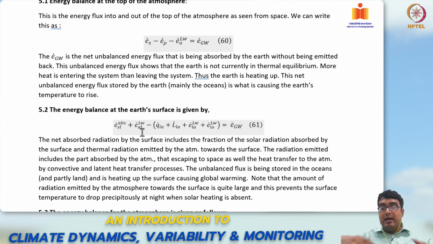These are the two incoming terms, and the outgoing ones are the latent heat transfer from land to air, the convective heat transfer from land to air, the long wave heat transfer from land to atmosphere, and the long wave heat transfer going from land to outer space. These two together we can also show as the effective long wave heat transfer from the surface.